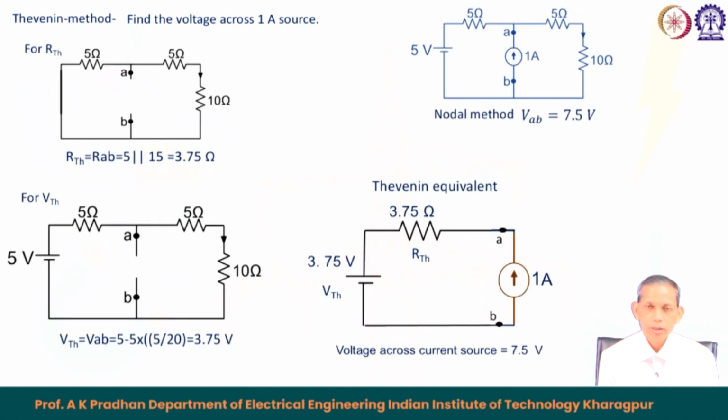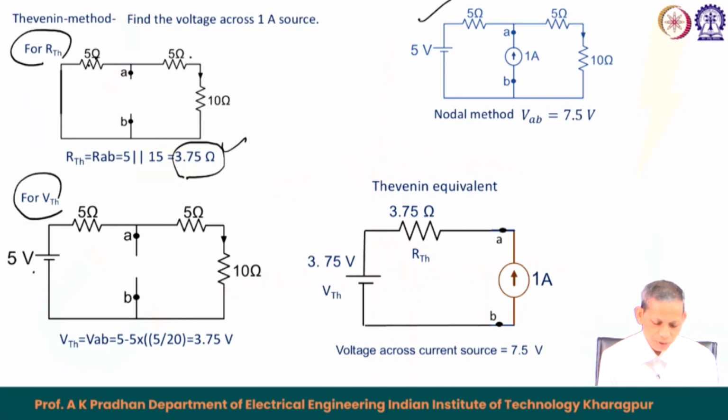Now, with Thevenin's approach for the same circuit which we already discussed, we got this RTH, as we drew here with the open circuit. 5 ohm in parallel with 15 ohm gives 3.75 ohm. And VTH here, with 5 and 5 and this 10 connected, we find VAB. So, this gives VTH to be 3.75 volt.